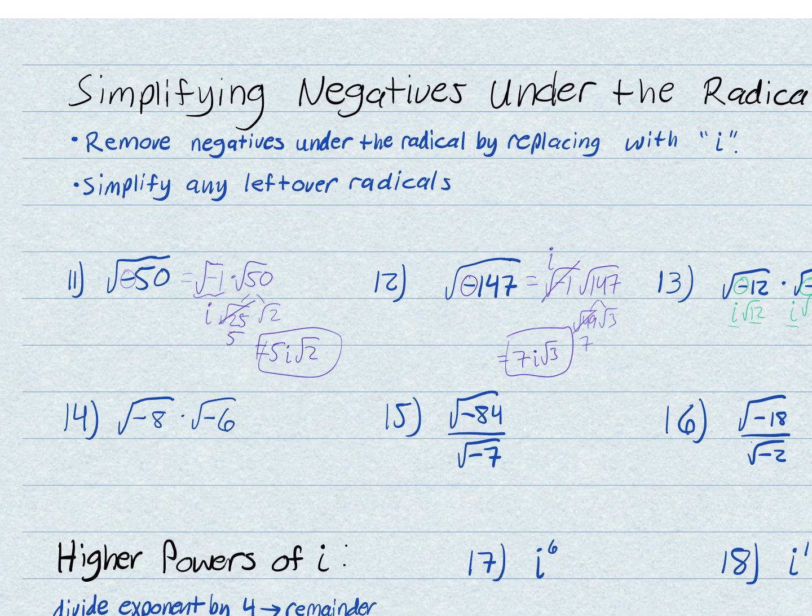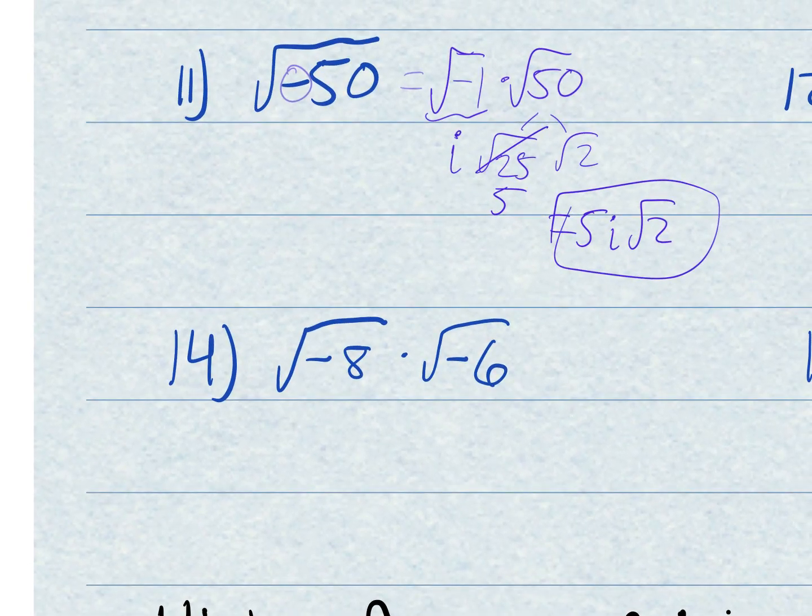All right, now let's try the next one. Same thing here. We have negatives underneath the radical, so we want to get rid of those first. We get i square root of 8 times i square root of 6. There's a negative under there as well. And then i times i, again, is going to get you i squared. And then 8 times 6 is going to get you 48.